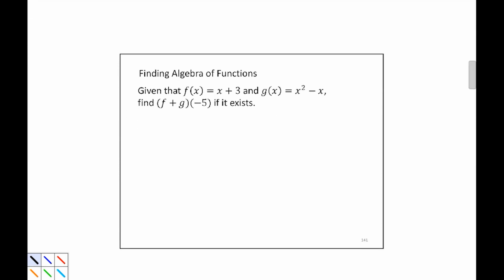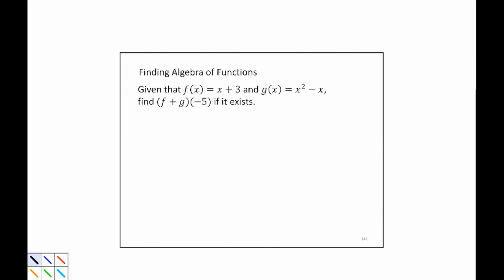Given that f of x equals x plus 3 and g of x equals x squared minus x, find f plus g of negative 5 if it exists. I'm going to first write this as f plus g of negative 5 equals f of negative 5 plus g of negative 5, because that is what it means by definition.